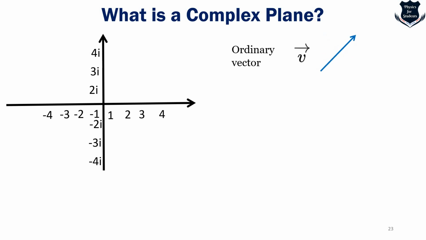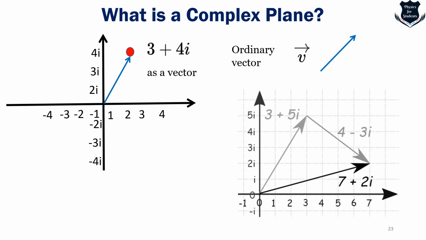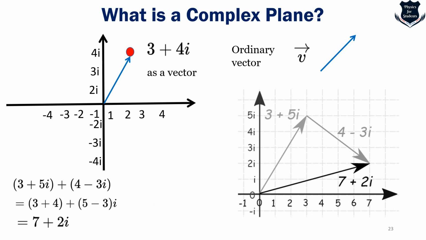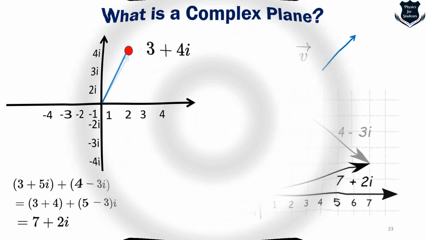In general, ordinary vectors are denoted by an arrow. If I denote 3 plus 4i as a vector, which is interesting, then we can do addition and multiplication using the parallelogram rule. So 3 plus 5i plus 4 minus 3i leads to 7 plus 2i.